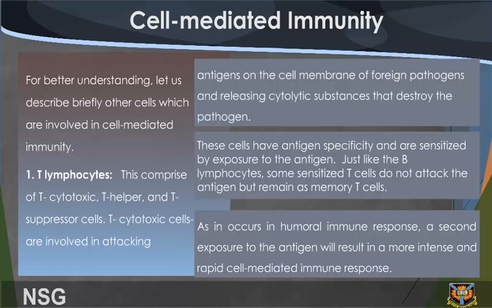1. T lymphocytes. This comprises T cytotoxic, T helper, and T suppressor cells. T cytotoxic cells are involved in attacking antigens on the cell membrane of foreign pathogens and releasing cytolytic substances that destroy the pathogen.